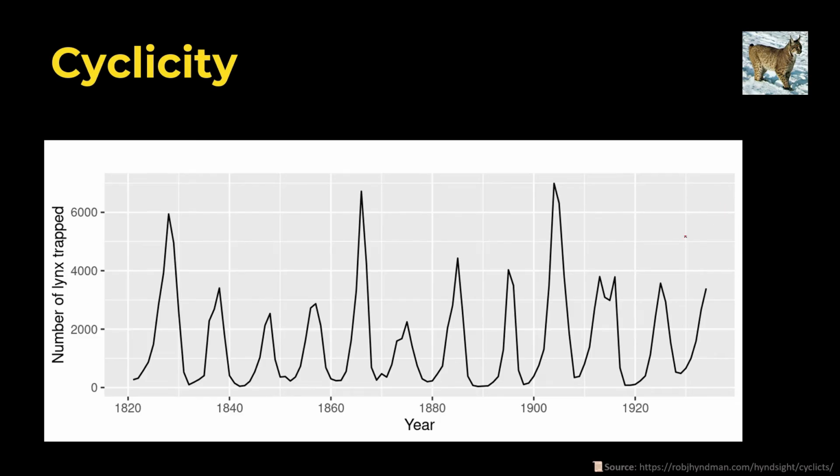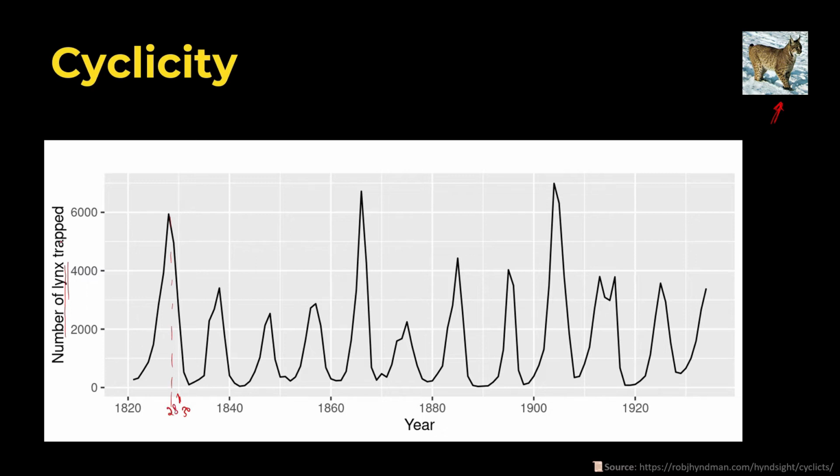Now let's see an example of cyclicity: the number of lynx trapped in Australia. This was the data recorded of lynx, a sort of wild cat, in Australia. So you can see their occurrences here. If this is 1830, this would be 1828 or something.